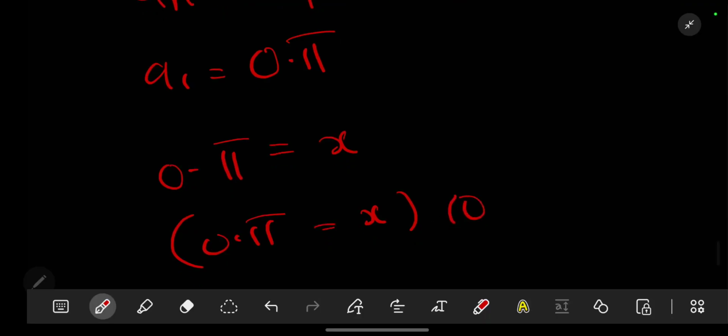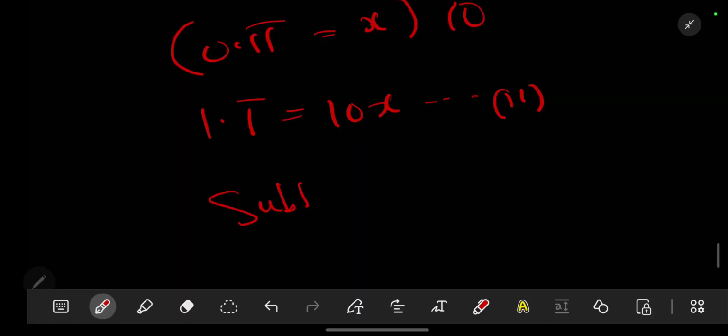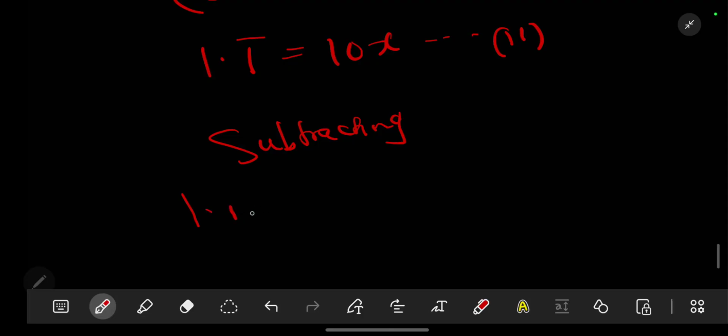This gives us 10 by 0.11, it will be 1.1 bar, which should be equal to 10x. So this is our second equation. This is our first equation. Subtract. So subtracting, we have our 1.1 bar equal to 10x, then our 0.11 bar equal to x.